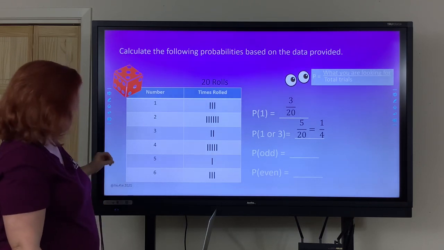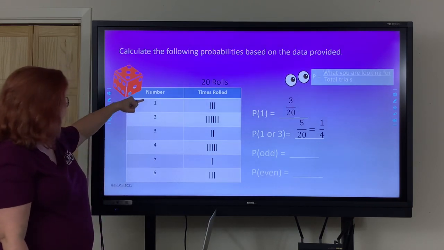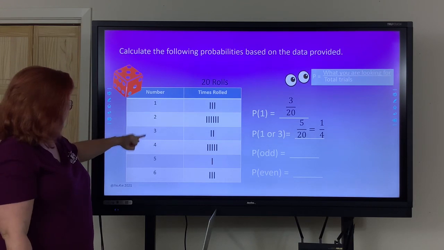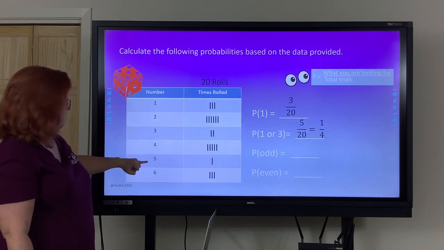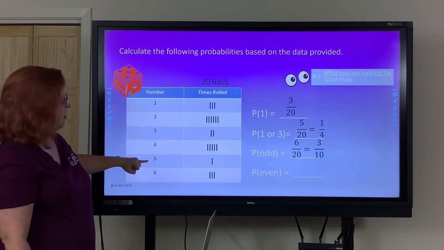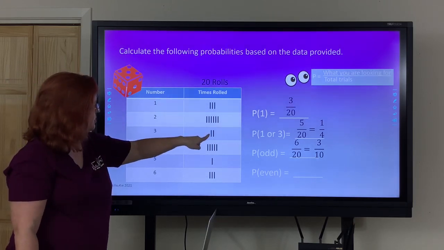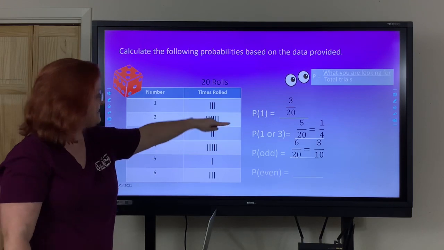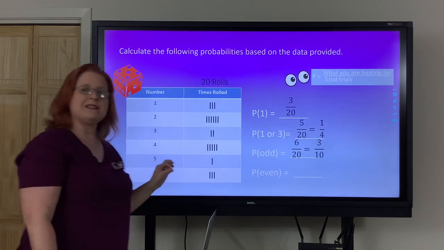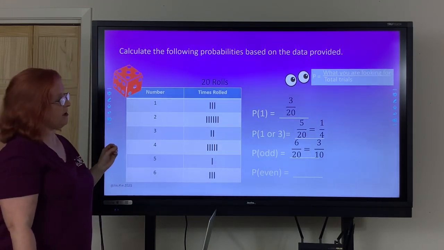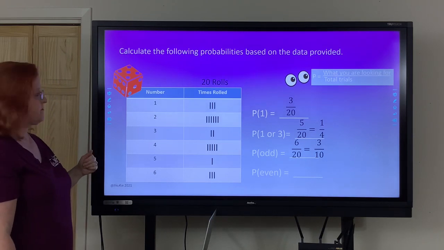Odd numbers. Okay, so we've got to add up 1, 3, and 5. So we did 3 plus 2 plus 1. So we got 6 out of 20 times, and 6 out of 20 reduces to be 3 out of 10.